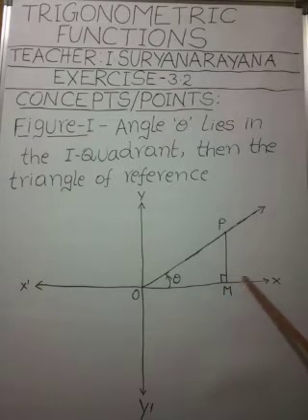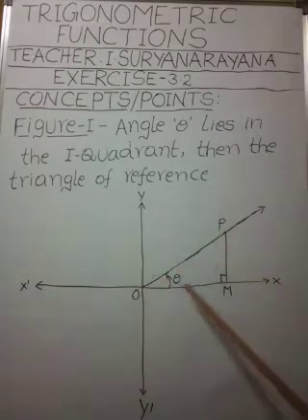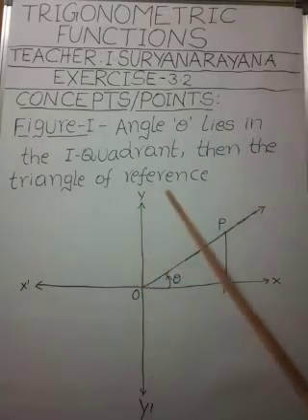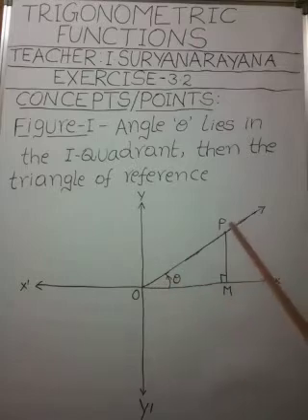Okay, my children. Then we get a right angled triangle. This triangle is said to be the triangle of reference. With the help of this triangle of reference, we can find the remaining values of trigonometric functions.